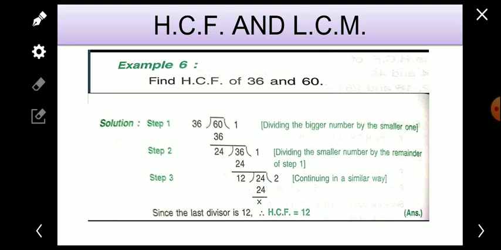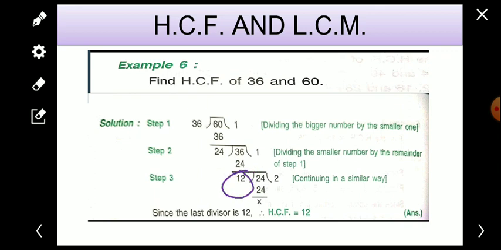One time it divides, 36 goes in once and the remainder is 24. Now for the second step, we will divide the smaller number by the remainder. The remainder here is 24, so 36 will be divided by 24. It divides one time, so the remainder left is 12. 12 is the remainder.